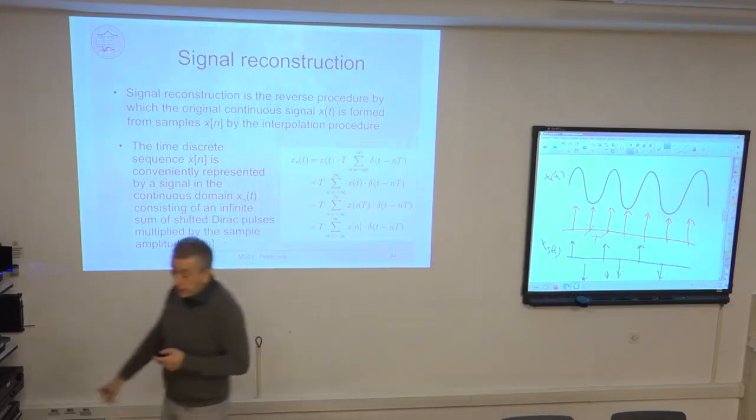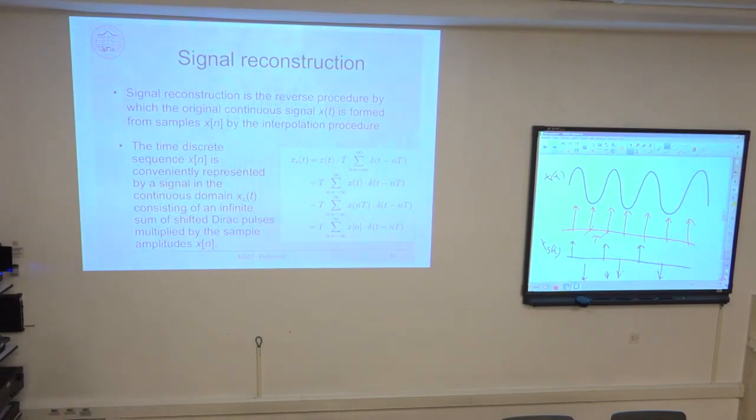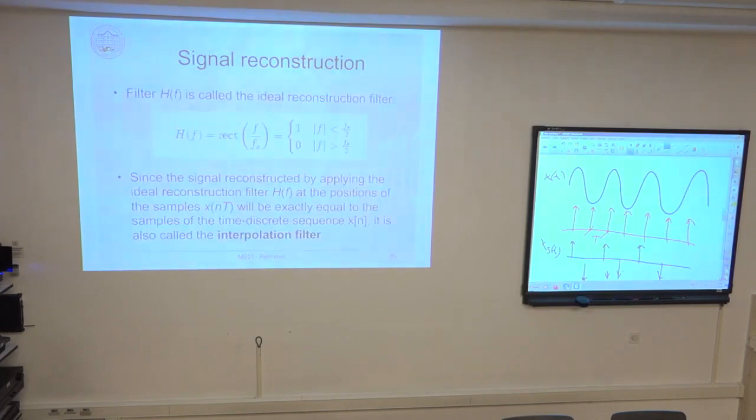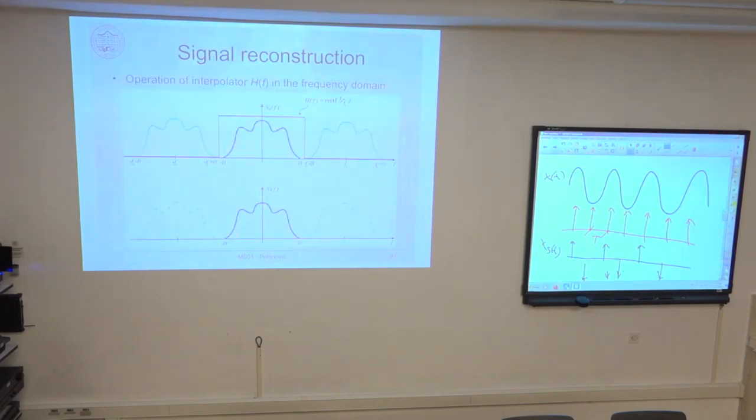Now what I'm interested in is how the spectrum of these two signals looks. So what happens in the spectral domain with x of t and with xs of t? What is the difference? The original spectrum, the blue one, was some kind of band-limited spectrum in the bandwidth plus minus B. But the spectrum of this black signal, xs of t, has a periodic extension of this original spectrum, repeated to the left and to the right infinitely many times.